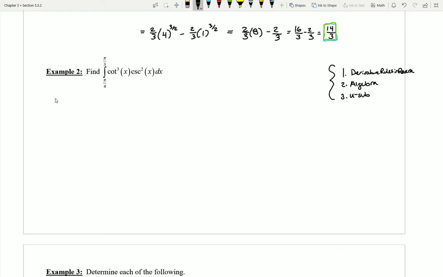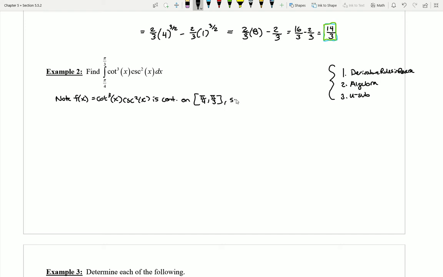So I'll go ahead here and just say that we note that f of x, which is the cotangent cubed times the cosecant squared of x, is continuous on the interval from pi over 4 to pi over 3.